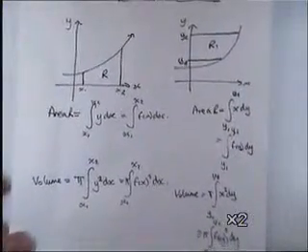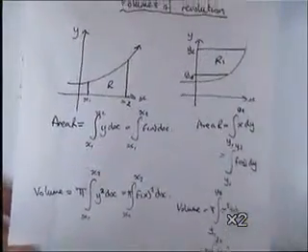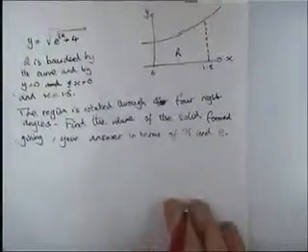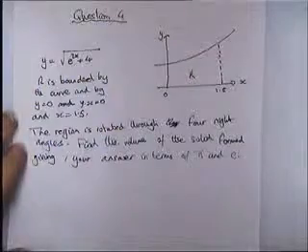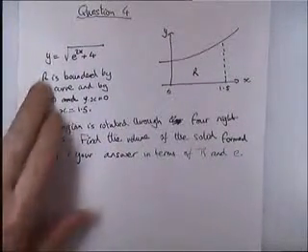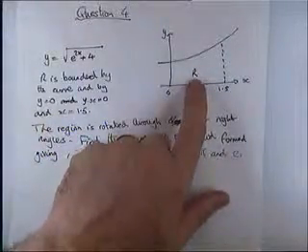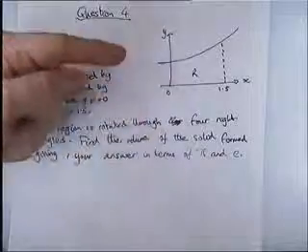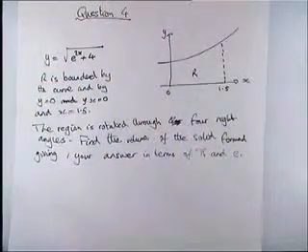So now we're going to use that idea to answer the question that you had on your test. So here it is. I didn't have a copy of the test with me, so I wrote it out again. We are going to find the volume when we rotate the area R around the x-axis through 4 right angles.